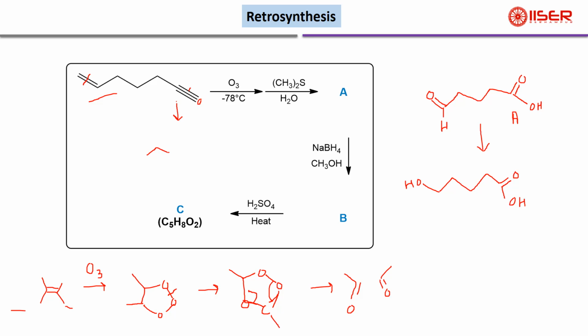There will be a keto group here. Still there is a sigma bond which is connected to both of them, and there will be another keto group here. That will be like this, right? Because if any double bond breaks, there will be addition of two oxygens at this place. Between the two double bonds, one is getting broken, so there will be a keto here and a keto here, and the sigma bond is still there.